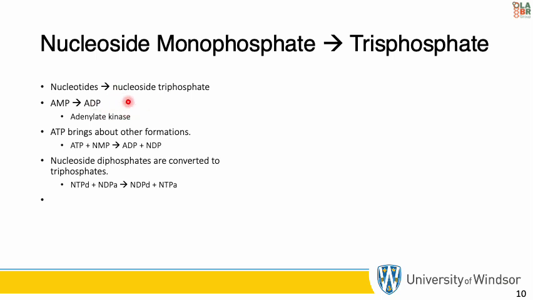The ADP formed is phosphorylated to ATP by the glycolytic enzymes or through oxidative phosphorylation. ATP also brings about the formation of other nucleoside diphosphates by the action of a class of enzymes called nucleoside monophosphate kinases.